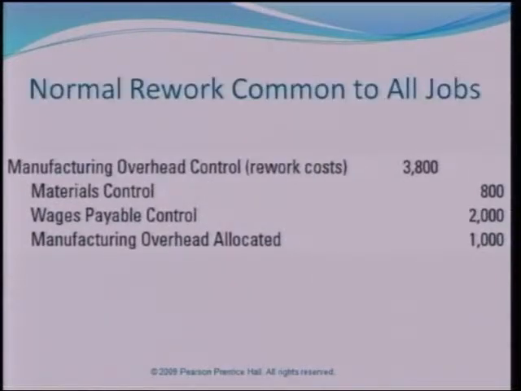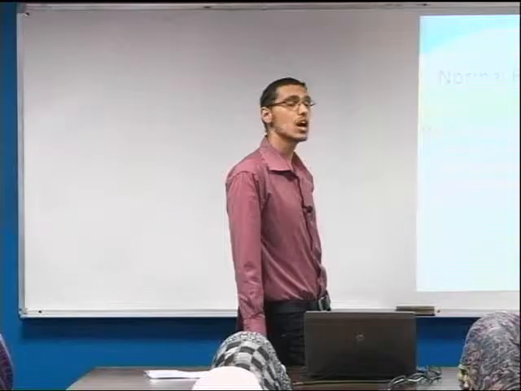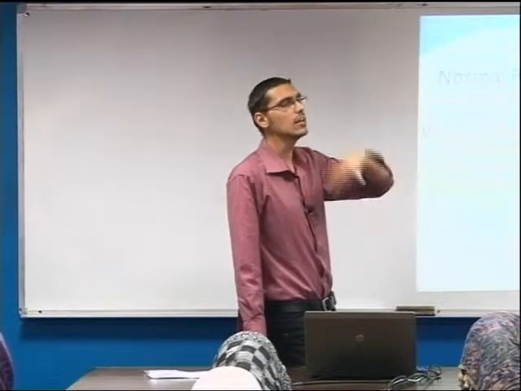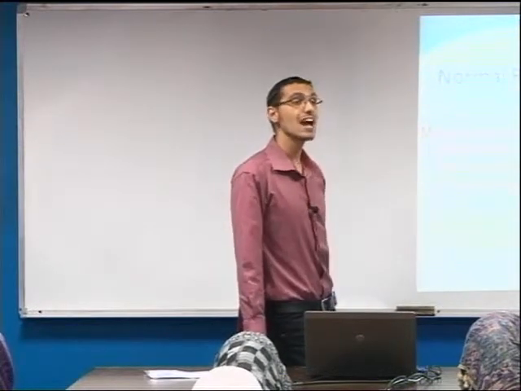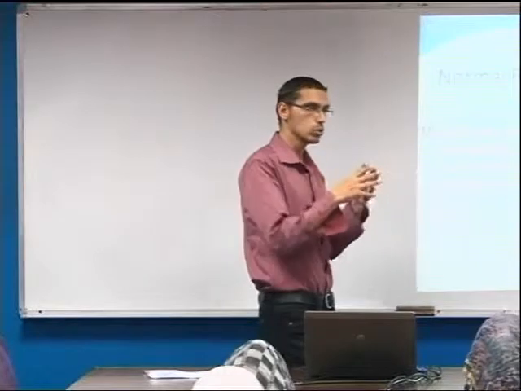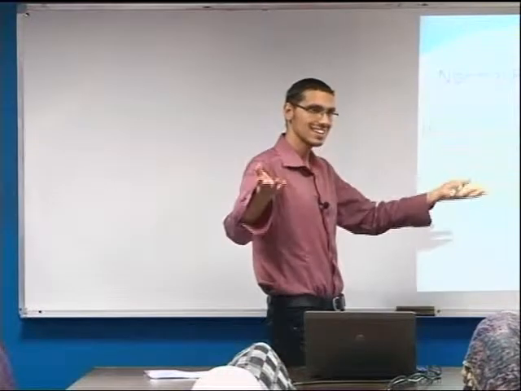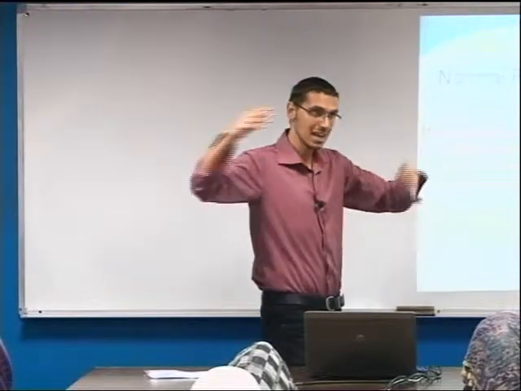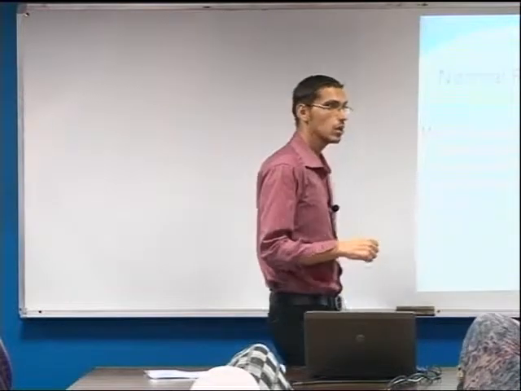What if the normal rework is common to all jobs? Then these costs will be loaded onto the manufacturing overhead account in order to be prorated and allocated onto the different jobs and the different units that were produced in a specific period.